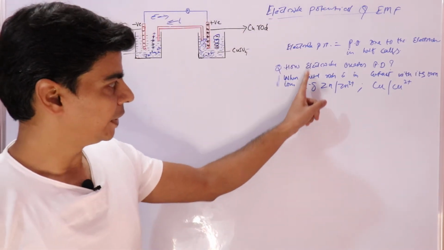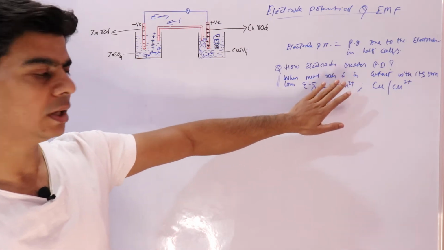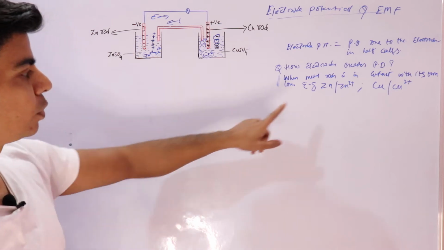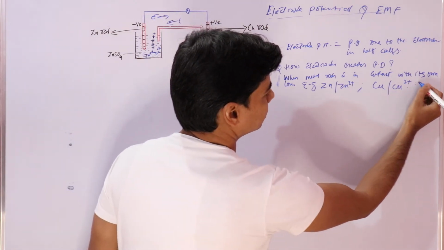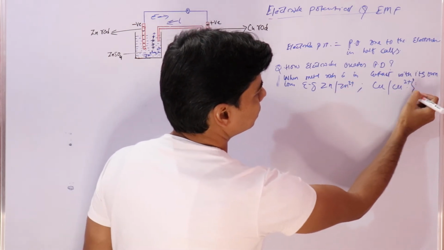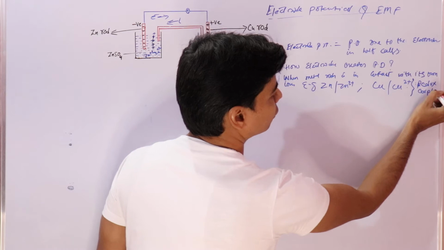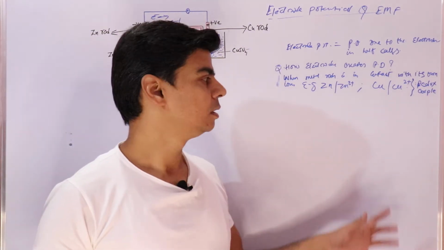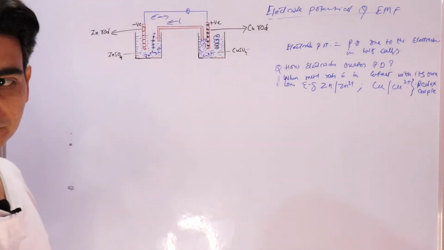When the oxidized and reduced form of the same element are present together, this is known as a redox couple, right? We call these a redox couple. A redox couple is when the oxidized and reduced form of the same element are together. Here, this is your redox couple.